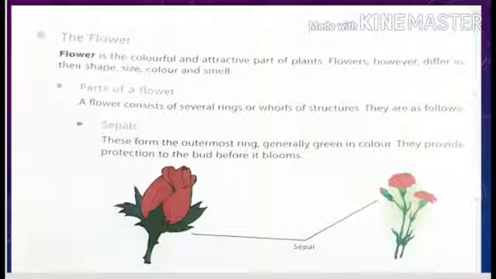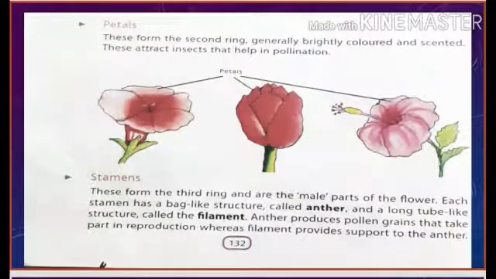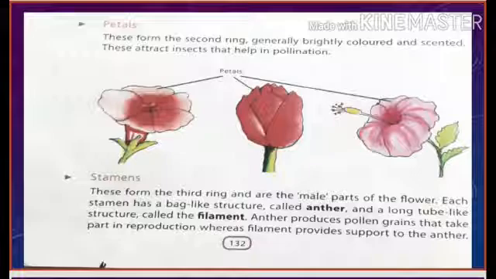Let's move towards the second ring of the flower, and that is petals. These form the second ring of the flower and are generally brightly colored, means blue, red, yellow, orange, different colors of flowers you have observed around you, and that is because of this ring that is called the petals.